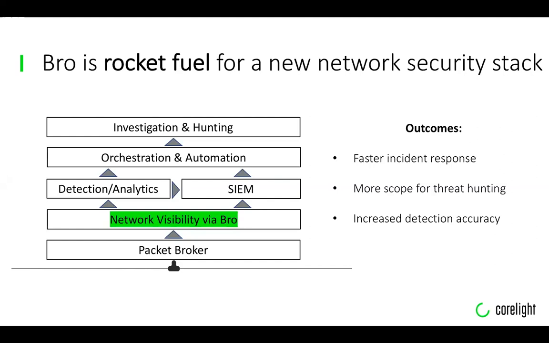So, when you start at that base layer with Bro and you give rich, comprehensive, usable data, everything upstream gets better. And we're seeing a lot of companies start to do this.